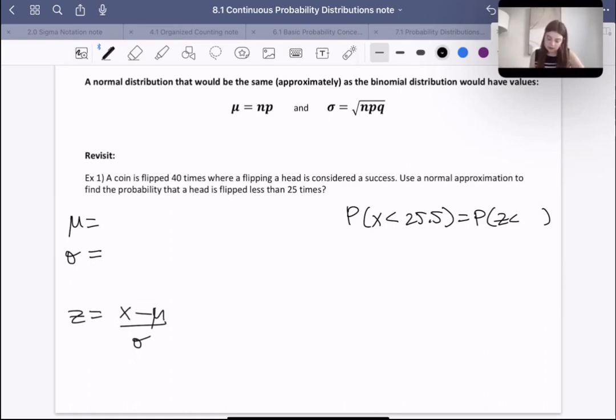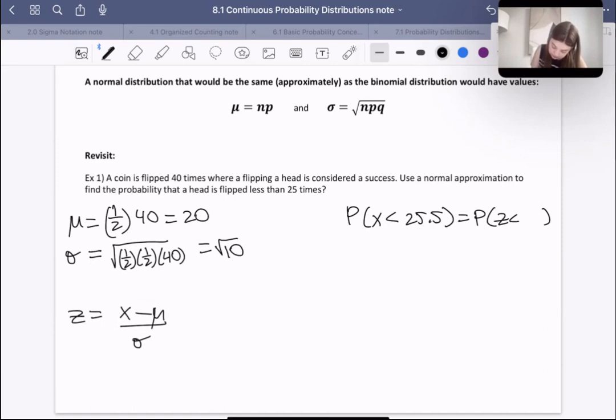So mu is n times p, which we already found out before, but I'll write it again. It's going to be 20. And then standard deviation is root of npq. So that's a half times a half times 40, which is root 10. So therefore the z-score is x, which is 25.